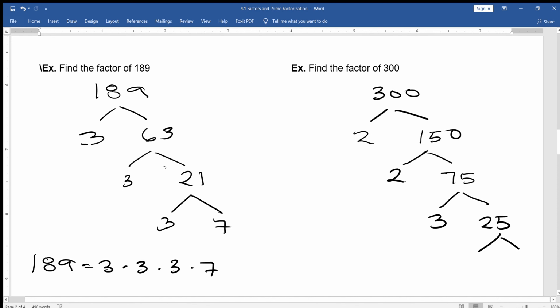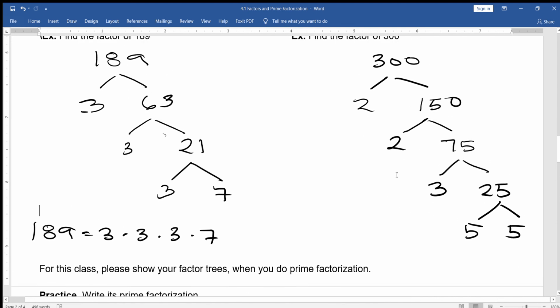And then 25 can be split up into 5 times 5. So 300 can be written as 2 times 2 times 3 times 5 times 5. And that's basically it.